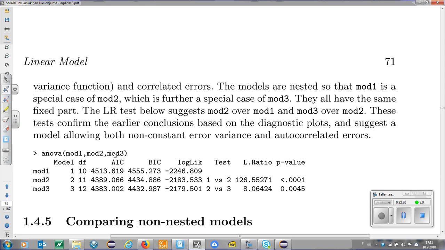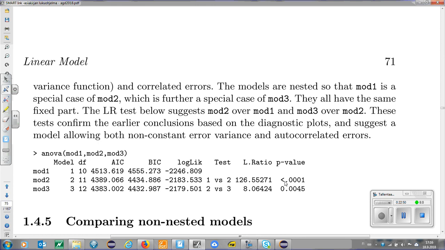And what we now see, for example, from the rows 1 and 2 of this table, is that for model 2, which included the variance function, and model 1, which didn't, the p-value that compares these two models is very low, which means that we reject the null hypothesis about constant error variance, and we select a model with variance function.